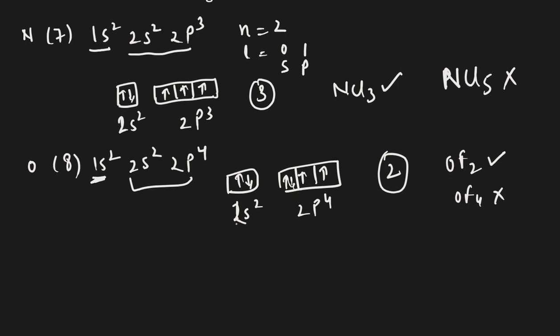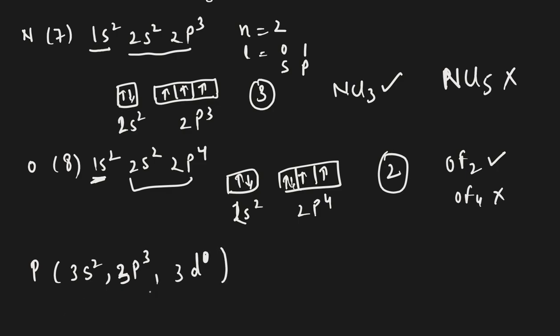Okay, then let's move to some other element which has a d orbital also, for example phosphorus. Okay, so in case of phosphorus, we focus only on the valence shell electrons. Okay, so the valence shell electron configuration is 3s2 3p3, and it also has a d orbital, though it is empty, so 3d0.